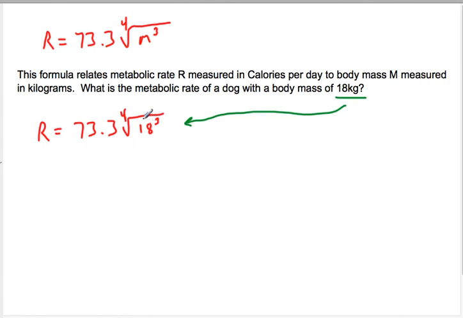Now in a calculation like this, you're not going to be able to do this on paper in your head because the 3/4 power of 18 just isn't going to come out right. And so a calculator is going to be really useful here.